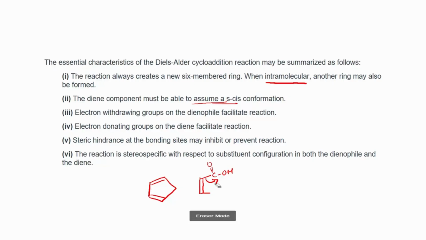So the more things it has bonded, the more electrons are available to stabilize that whole structure. Steric hindrance at the bonding sites may inhibit or prevent reaction. As shown previously, the phenyl groups would prevent that cis structure from forming because they would just interact. You can't turn that around.